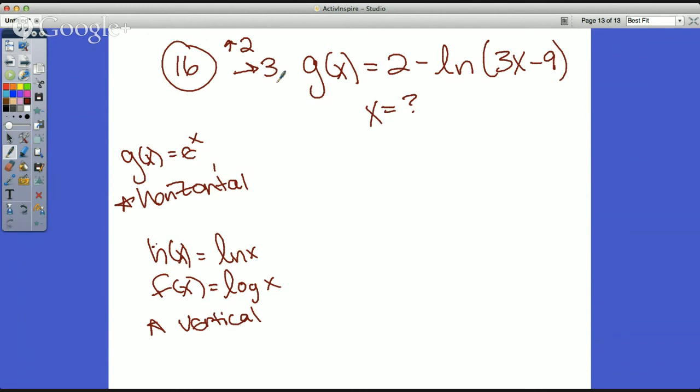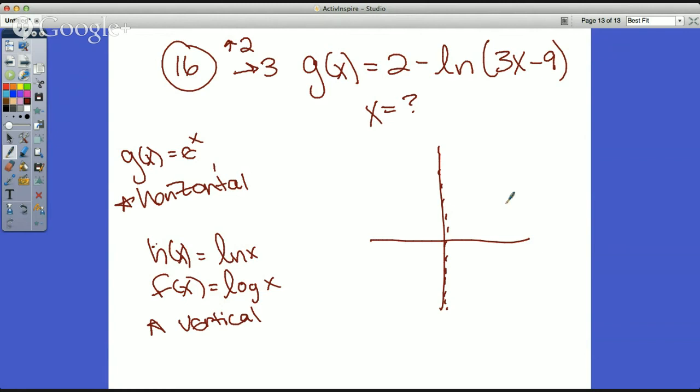Up 2, right 3. So if I traditionally have a vertical asymptote at 0, but now the graph goes over 3, where is the new vertical asymptote? Where would the new one be? It'd just be over 3.